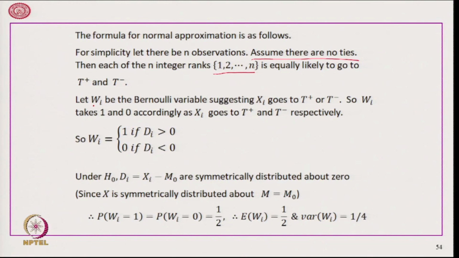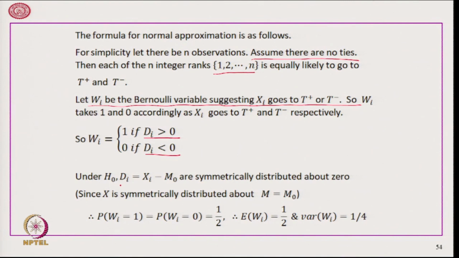So, let us consider a Wi corresponding to each observation. If xi is the observation, Wi is a Bernoulli random variable which tells us whether it goes to the positive side or the negative side. Wi is equal to 1 if di is greater than 0, and Wi is equal to 0 if di is less than 0, a typical Bernoulli distribution.